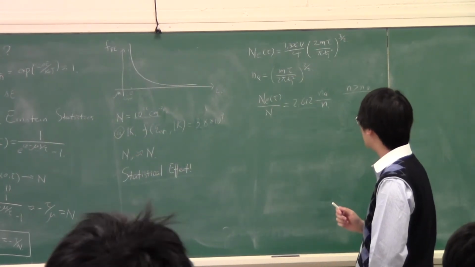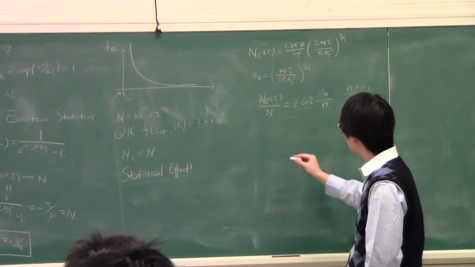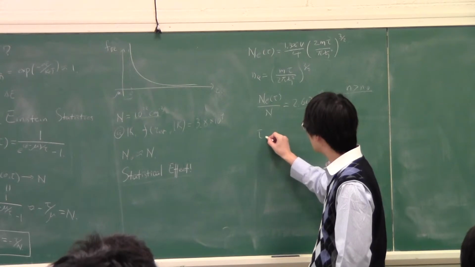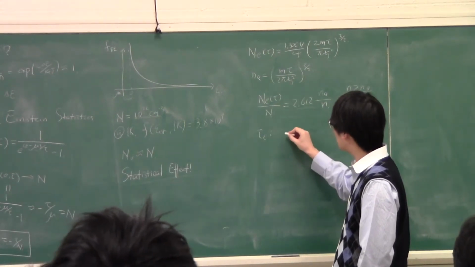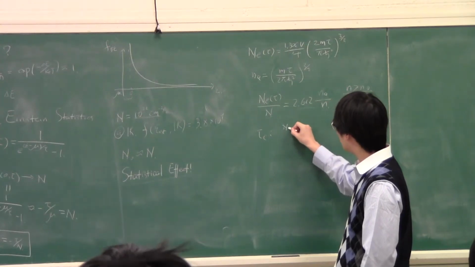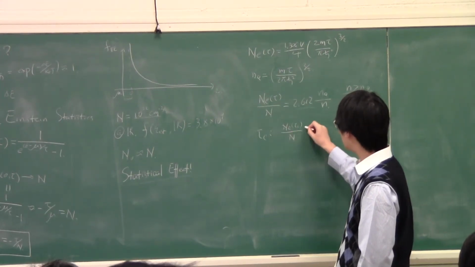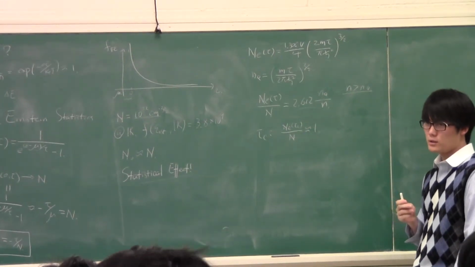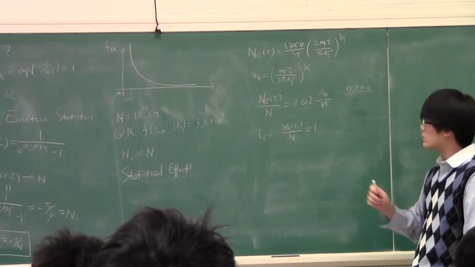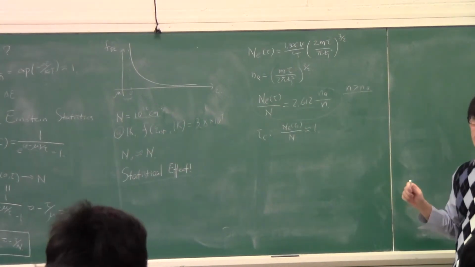Now, let's define a temperature called the condensation temperature. This is a temperature at which the number of particles in the excited state divided by the total number of particles is approximately 1. So this is actually the regime in which this equation becomes valid.